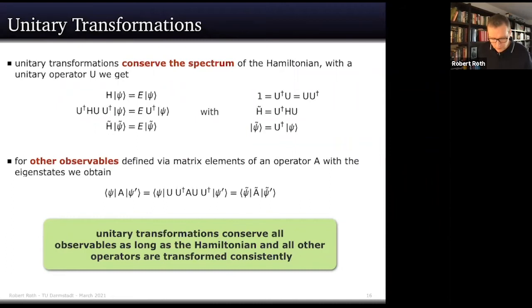If you think in terms of other observables, not energies, something like, say, the RMS radius of your nucleus. This is not given by this eigenvalue equation directly, but you have to use the eigenstates that you get out of that to compute the radius as an expectation value.